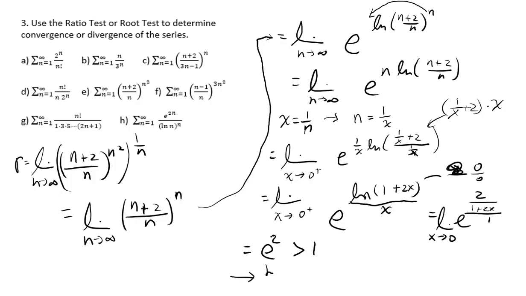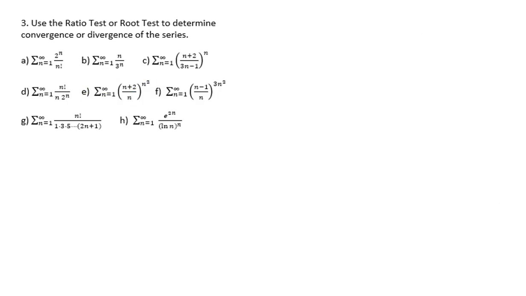That means by the root test, the series diverges. Okay, so that's how you handle this. So this is your part E. So E is divergent. Now let's go to F.